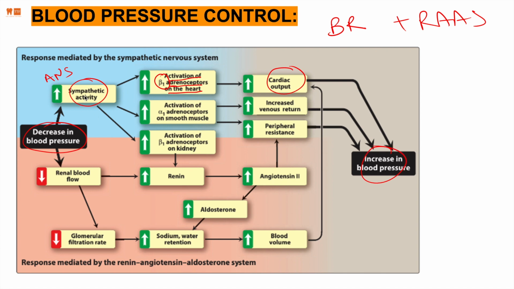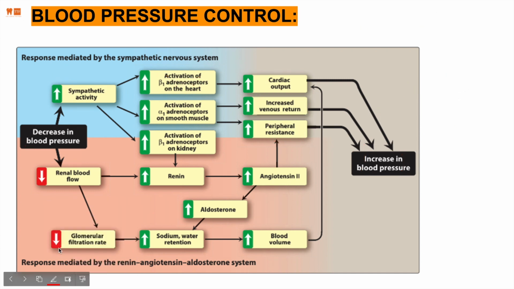When there is increased sympathetic nervous system activity, there's also activation of the alpha 1 receptors on the vascular smooth muscles. That leads to two actions: increase in peripheral vascular resistance and increase in venous return to the heart. In both cases, we have an increase in blood pressure. This is what the sympathetic autonomic nervous system does on the commands of the baroreceptors. Clear? Okay.